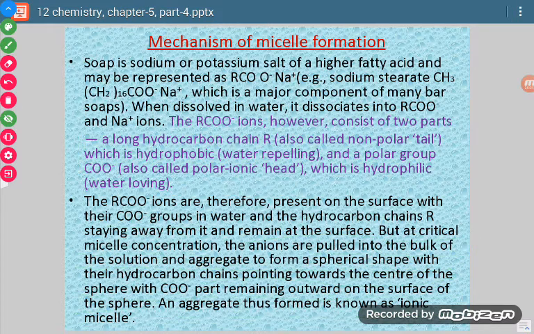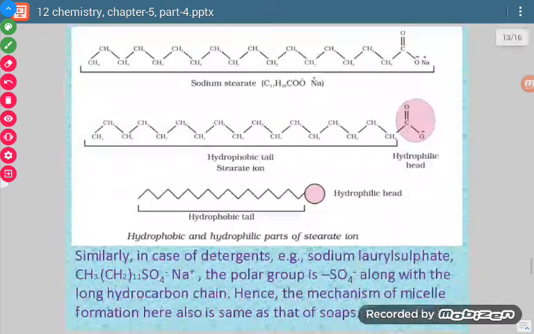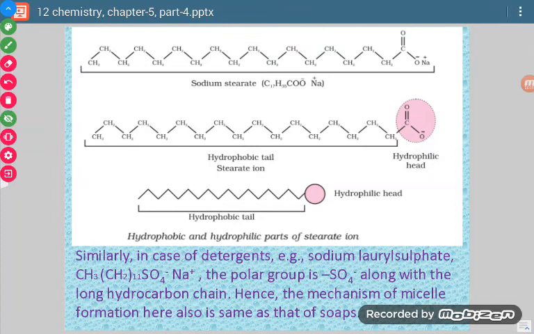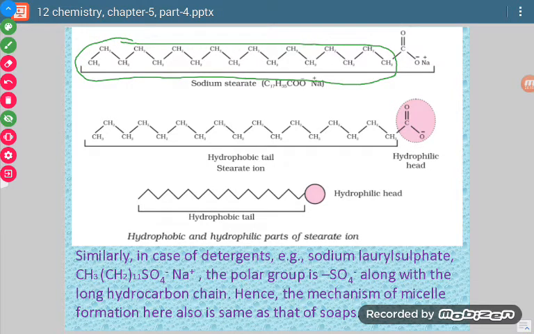Now let us see how it functions. This is the sodium stearate molecule. We have arranged this R group, this is COO, and this is Na. This R group end is called the non-polar end, because there is no charge in it, and the other end forms the polar end.